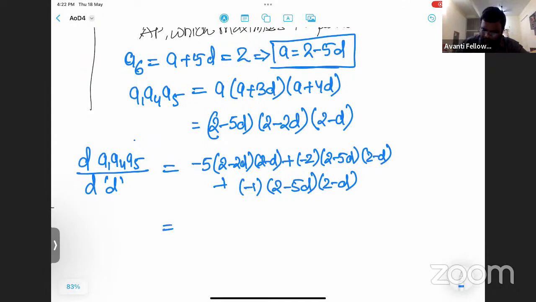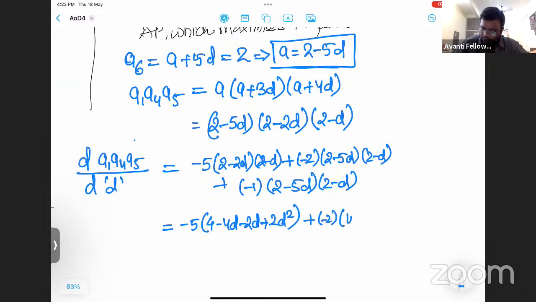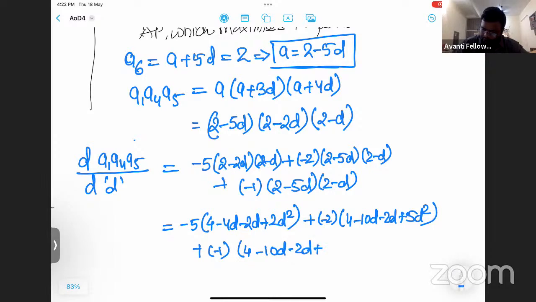So we'll get minus 5 times the expansion of 2 minus 2D, 2 minus D, which gives 4 minus 2D minus 4D plus 2D square. This is a long question calculation-wise. Then minus 2 as it is, 4 minus 10D minus 2D plus 5D square.